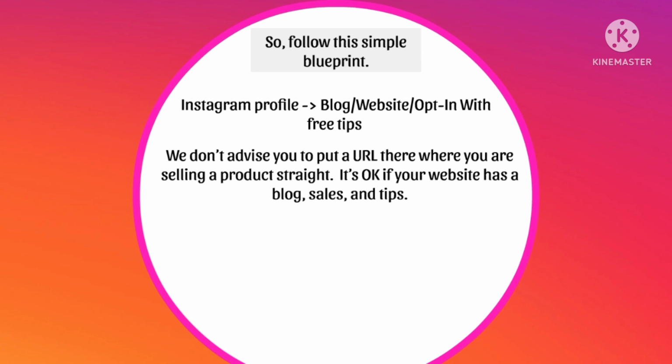So we don't advise you to put a URL there where you're selling a product straight. It's actually better if that link is going to your blog or a content piece with tips. Maybe tips on scuba diving, the top 10 things you shouldn't do as a newbie scuba diver, or the top 10 gear that I use.